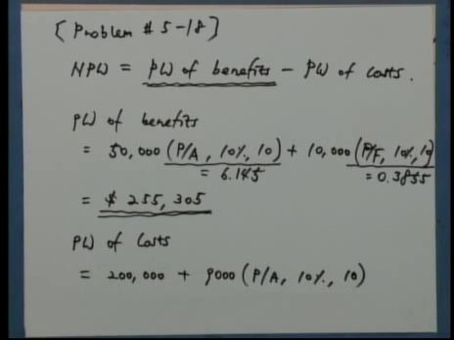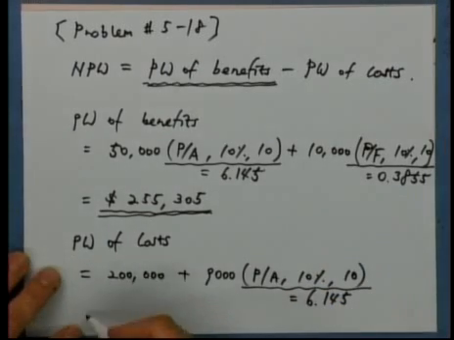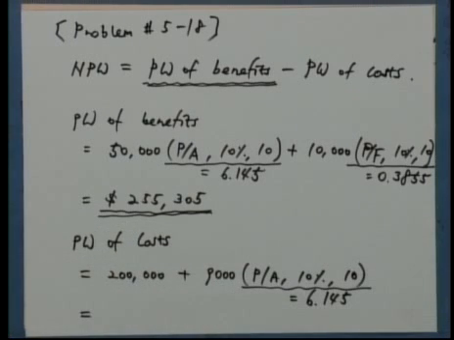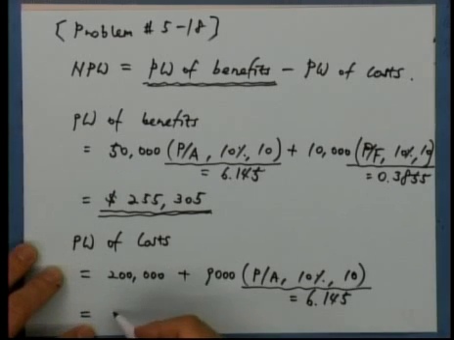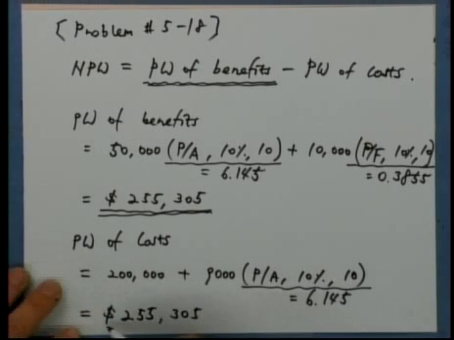P given A over 10 periods, 6.145. So how much is this? It's going to be $1,305.